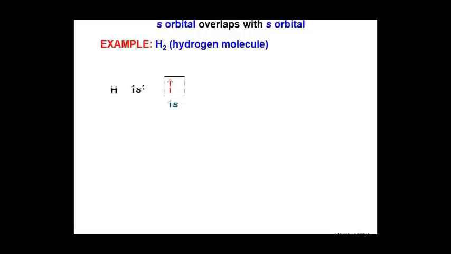If s orbital overlaps with s orbital, such as in hydrogen gas, the electronic configuration is 1s1. So orbital 1s contains one electron from one hydrogen, and the other hydrogen also represents 1s1 and contains one electron in orbital 1s.